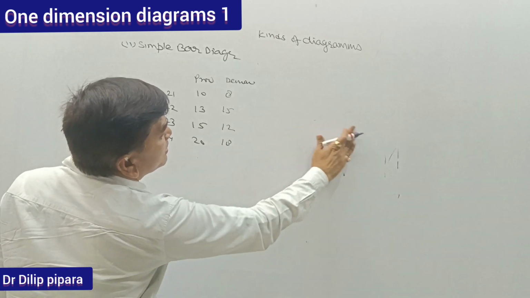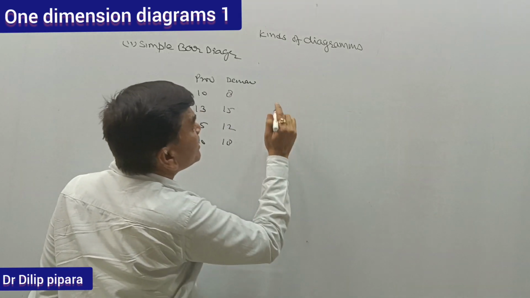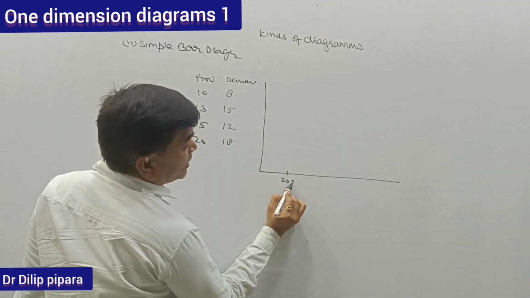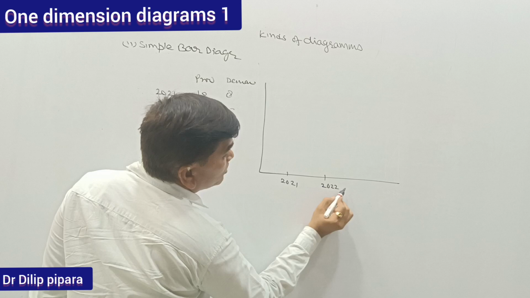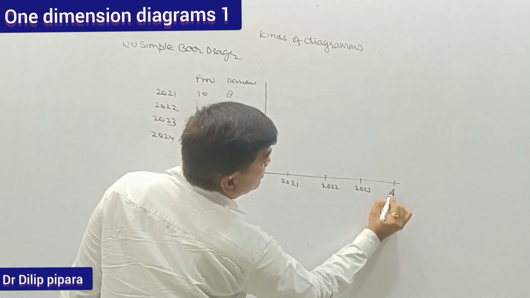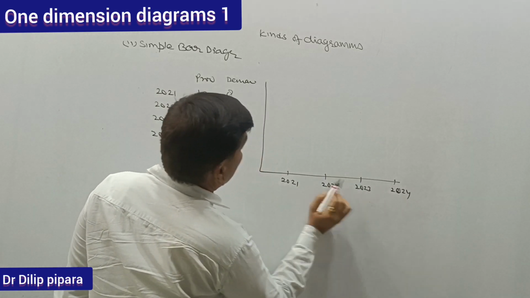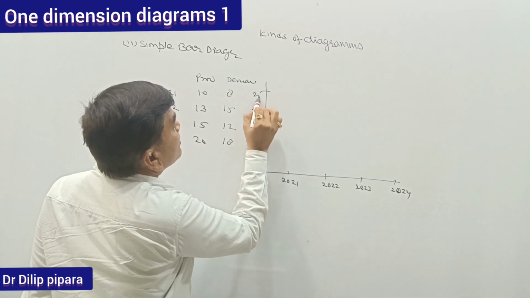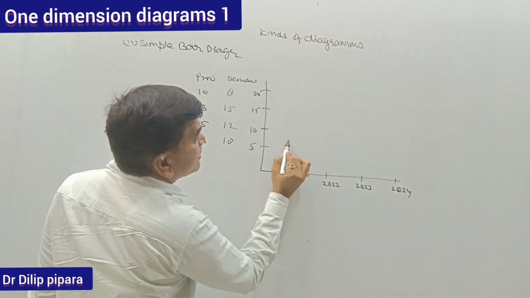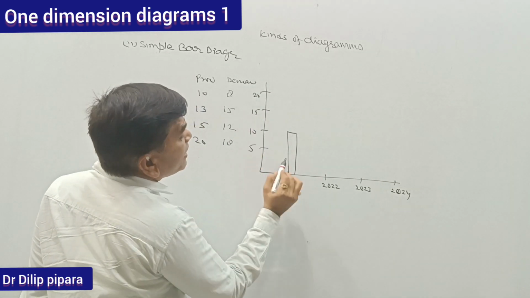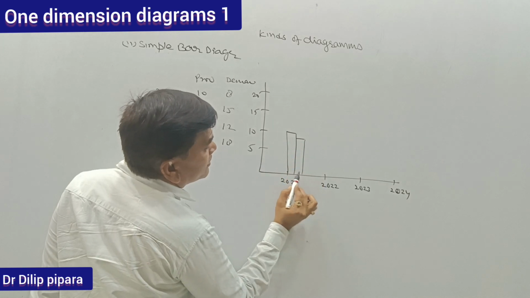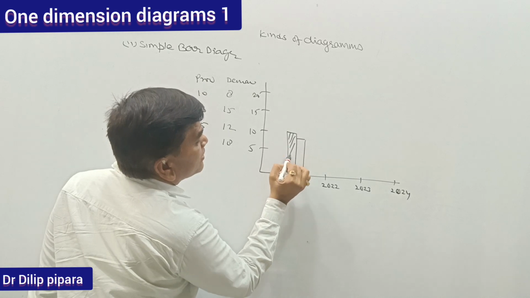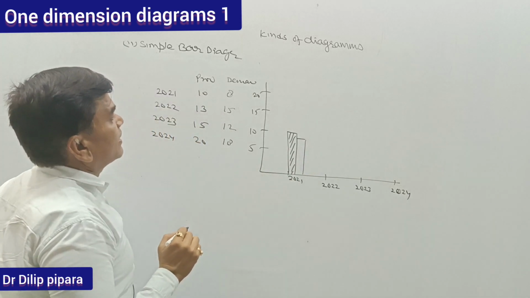So the demand and production can also be shown with the bar diagram. 2021, 2022, 2023, 2024, with scale 5, 10, 15, 20. The very first production is 10, demand is 8. Two bars for 2021: this is production and this is demand.